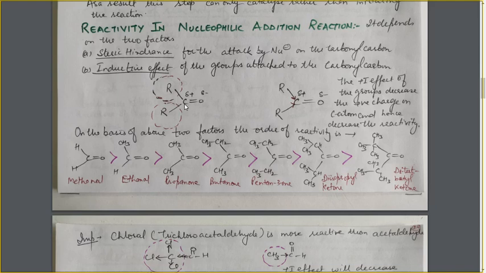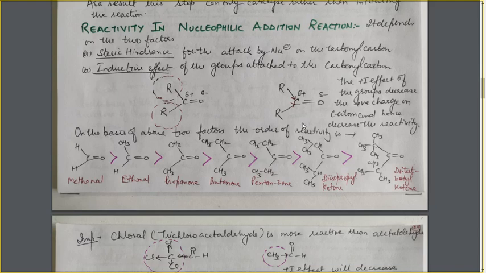And second one, the nucleophile is attacking this carbon because of the positive charge, and if alkyl groups are present on this carbon atom, because of their inductive effect, that is plus I effect, they will release electron density towards this carbon atom, and the electron density will decrease the positive charge, and due to the decrease in positive charge, the reactivity will decrease. Because of this positive charge, the nucleophile is attacking the carbon.